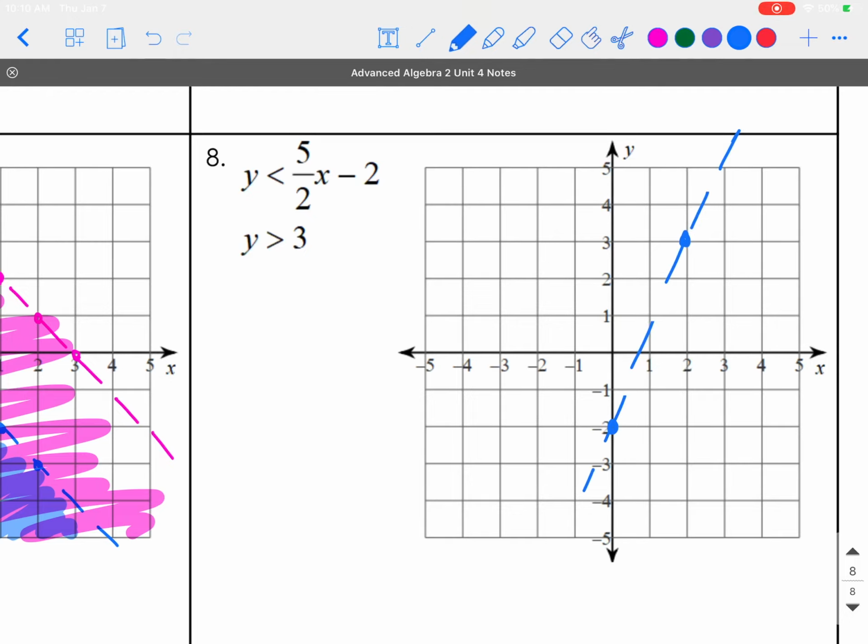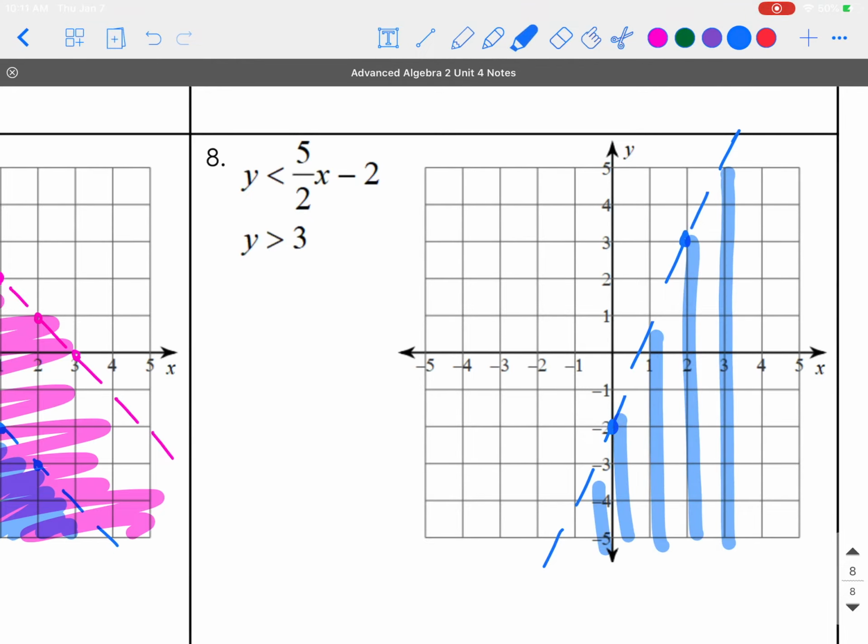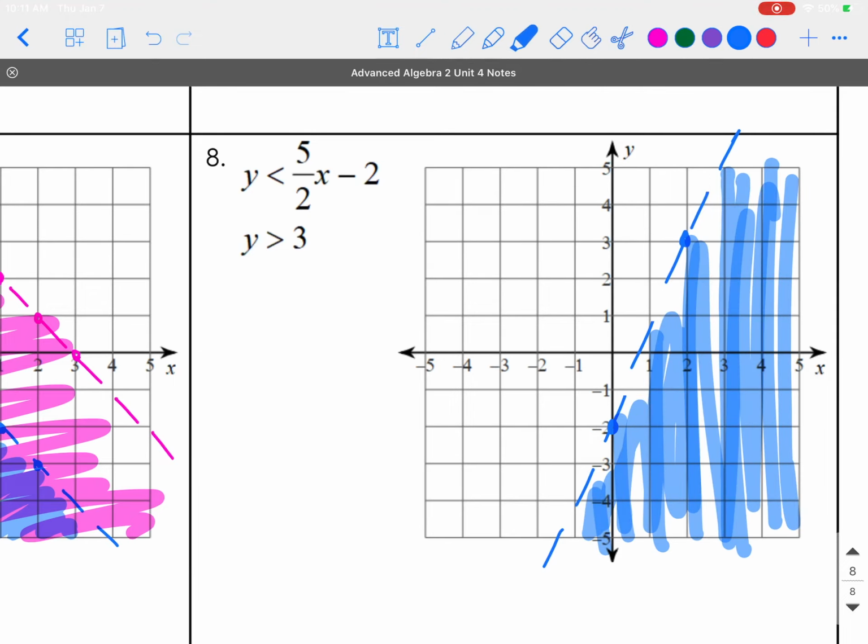Easy to miss it. So I would not recommend using a pen for this. This one is shading below. So I'm going to take my highlighter and go below the line. It's not left or right, it's below.